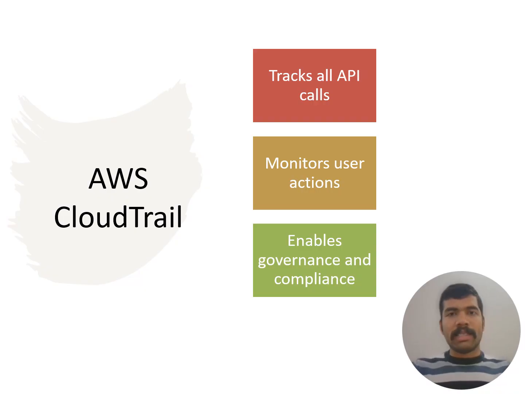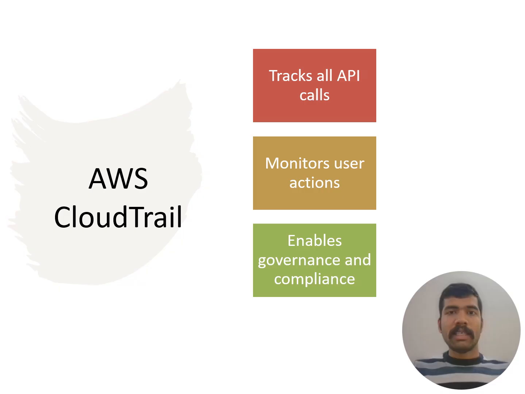Let's look at AWS CloudTrail. So what is AWS CloudTrail? Every API call made within the AWS environment, whether from the console or any SDK or CLI, is recorded by CloudTrail. These logs provide a complete history of user activity and resource changes, which ultimately supports auditing, troubleshooting, and even forensic analysis.